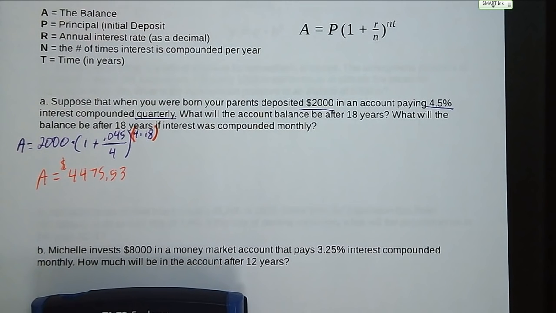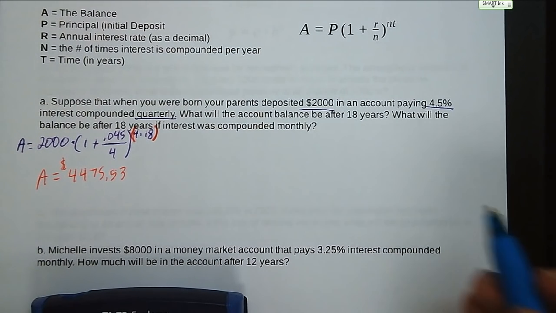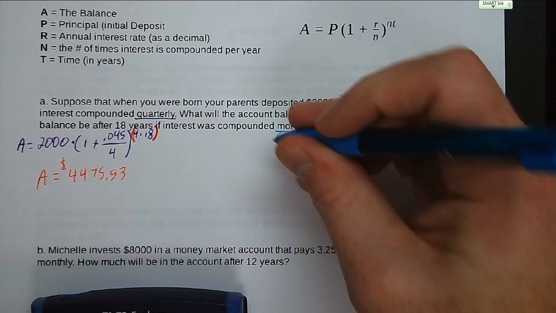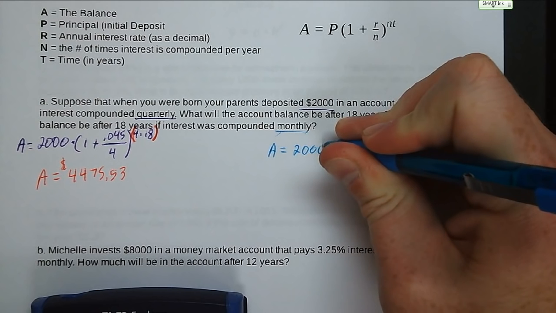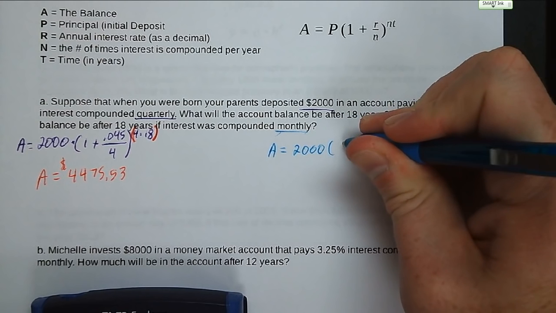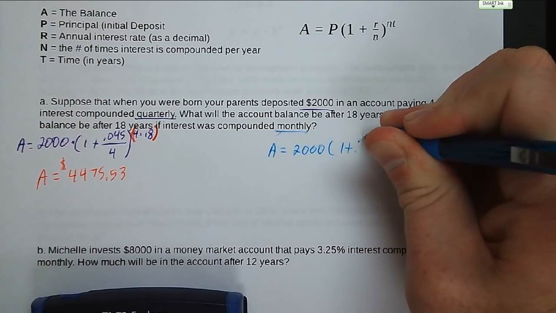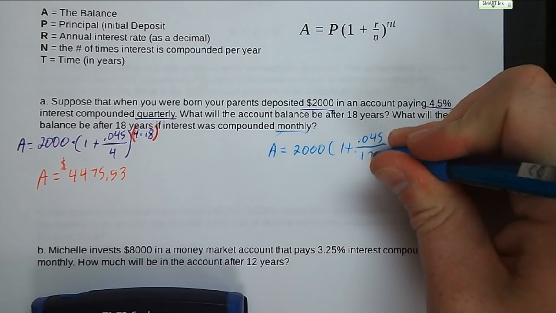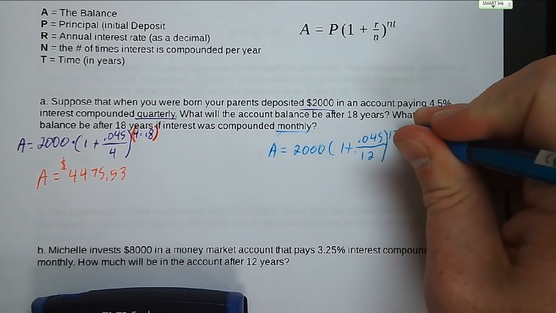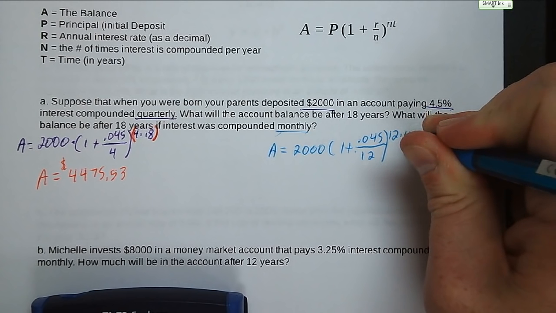Now, if we're going to do this for compounding monthly, we're going to set up the same equation. A equals 2,000 times 1 plus 0.045 over monthly is going to be 12 times per year. And we have 12 times 18.